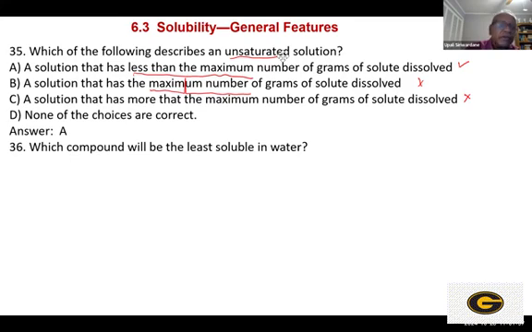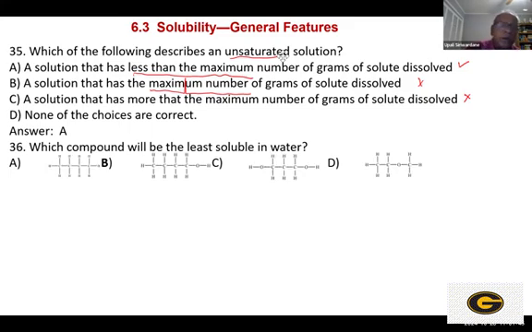Which compound will be the least soluble in water? Least soluble in water is the non-polar compound. Water is a polar compound. Non-polar molecule is here. Butane, hydrocarbon.